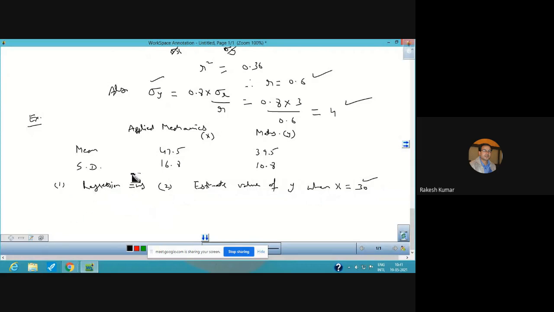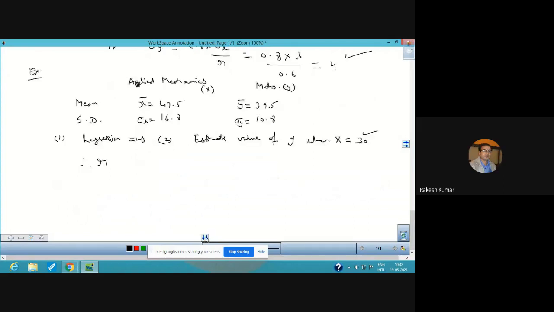We are given the mean, so this is your x bar, and the standard deviation is sigma x. This is your y bar, and the standard deviation sigma y is 10.8. Now, for the first part, r is also given to us, that is 0.95. If it is not given, then you can easily calculate the value of r.